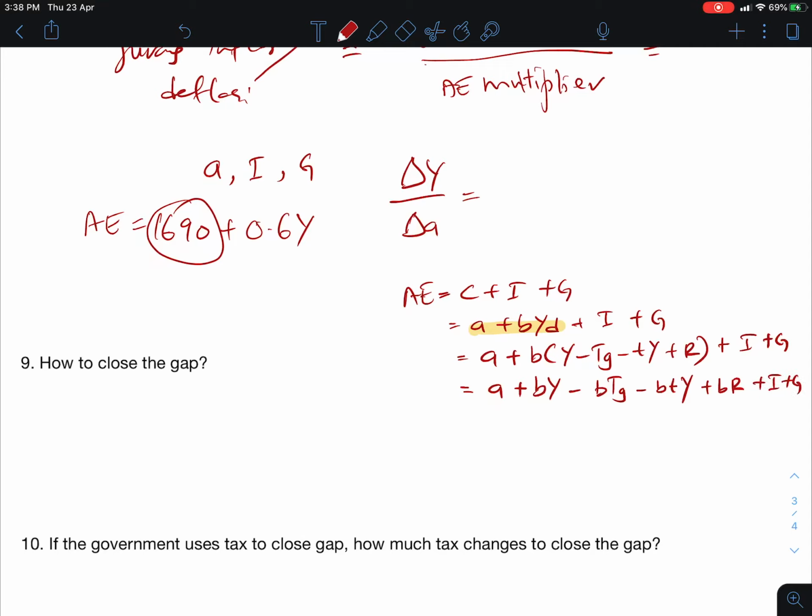Okay, then you know that AE equal to Y, so you have Y equal to A plus BY minus BTG. TG is gross tax.